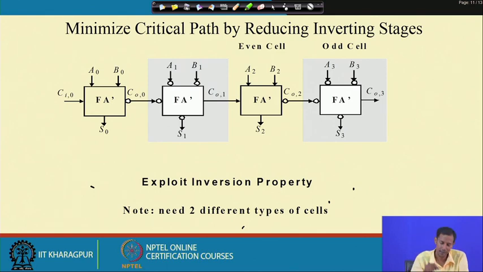By doing this kind of architecture, by inverting the even stage, I can reduce the critical path, though it follows the same carry ripple adder.